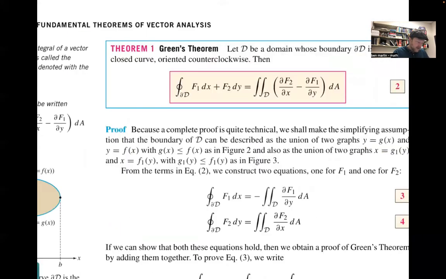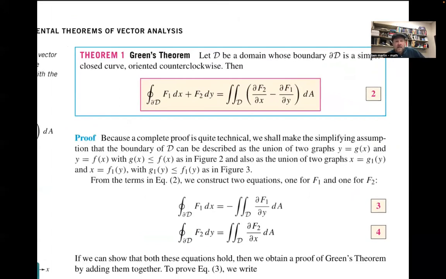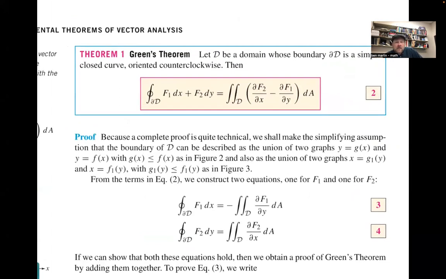Okay, here is your statement of Green's theorem there. It says let D be a domain whose boundary, and they use that funny looking partial derivative symbol before the D to say boundary of D, is a simple closed curve oriented counterclockwise, okay? And then you get this to be true.